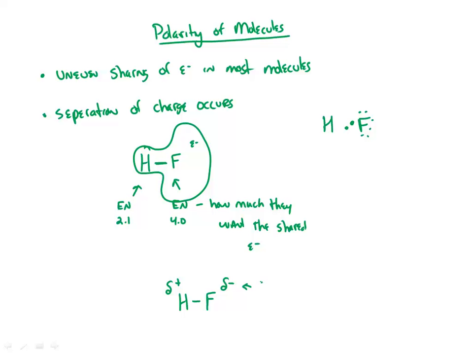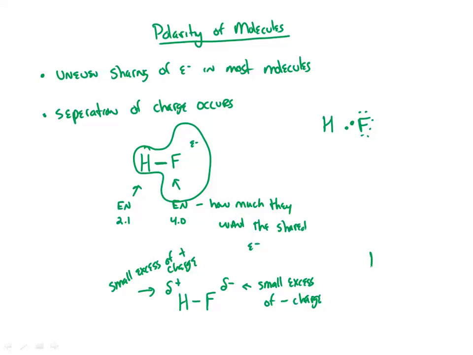What this says is that there's a small excess of negative charge. This is saying there's a small excess of positive charge. Or arguably it's saying there's a small deficit of negative charge, right? And it's simply saying that the electrons spend more time around fluorine than they spend around hydrogen.